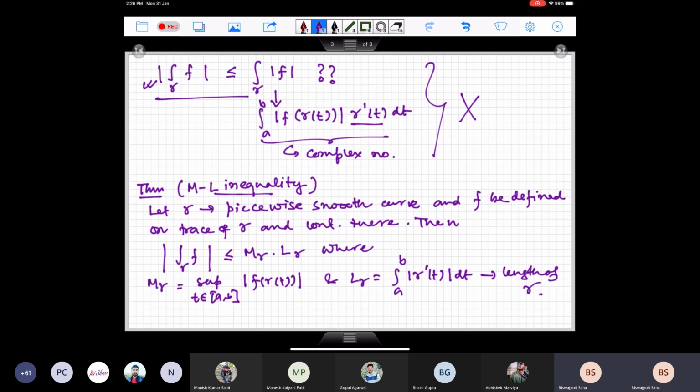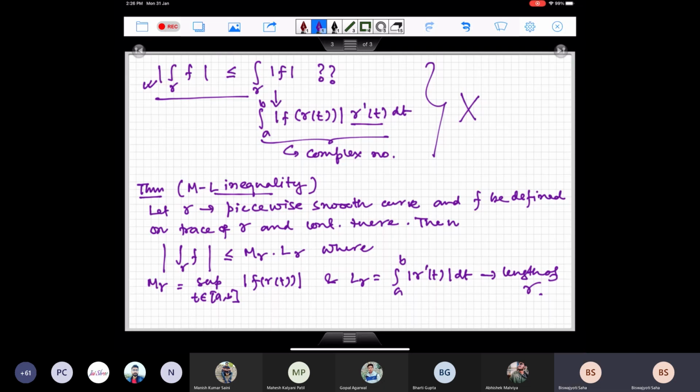So we have this ML inequality, which says that the integral of f over gamma is less than or equal to M gamma times L gamma, where M gamma is the maximum, or some upper bound or supremum, of my function on the trace of gamma, and L gamma is the length of gamma.